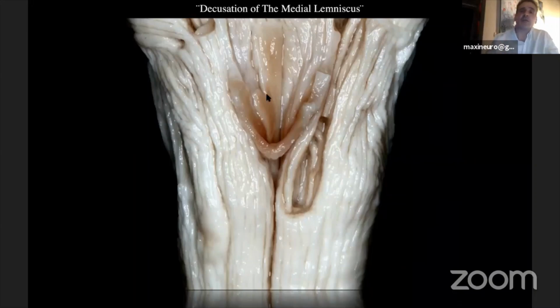These fibers cross the midline to reach the opposite side, and in that way run upward to reach, like a medial lemniscus, the thalamus at the level of the nucleus of the thalamus, like I said before.